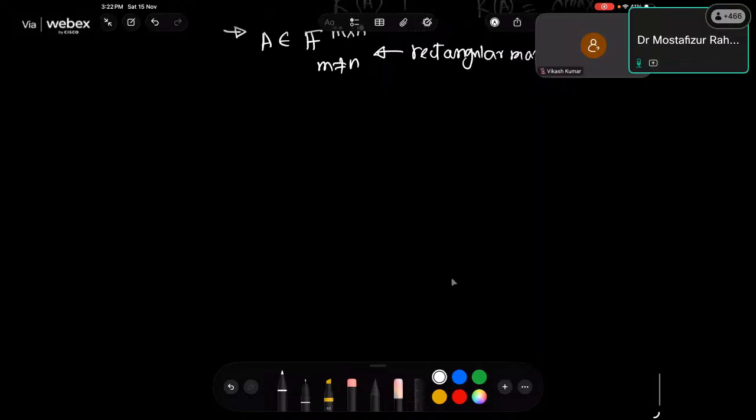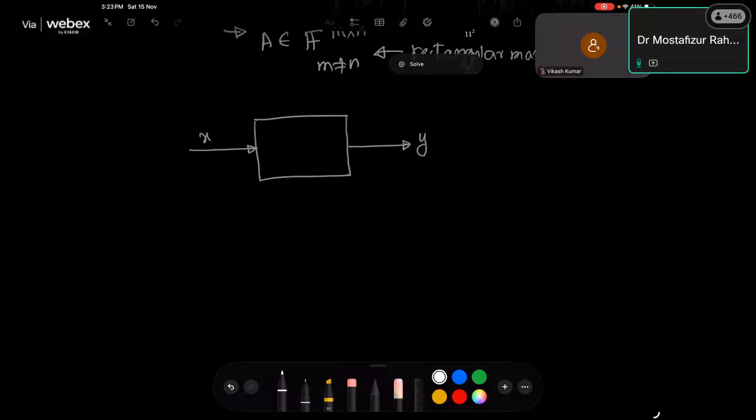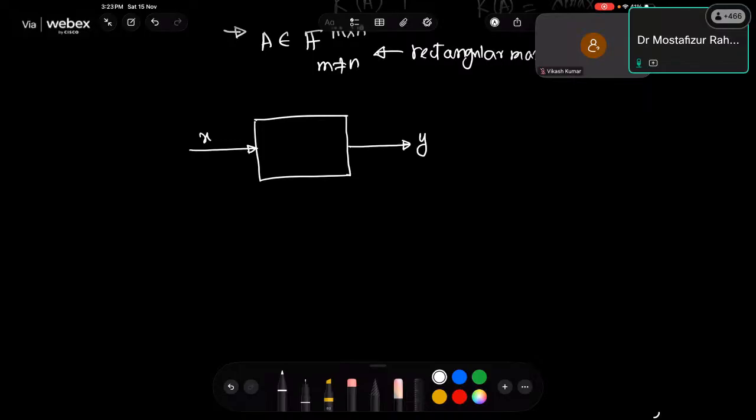But suppose I have an engineering process where I am sending some information and receiving it: I send X, I get Y, and the system is A. It is not always expected that the system is a well-conditioned square system, or a smaller dimensional system.